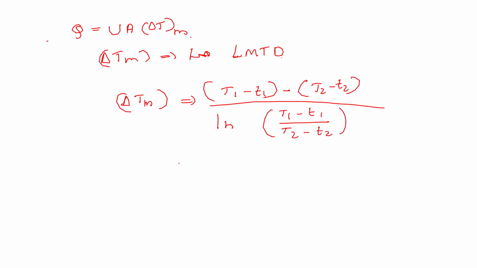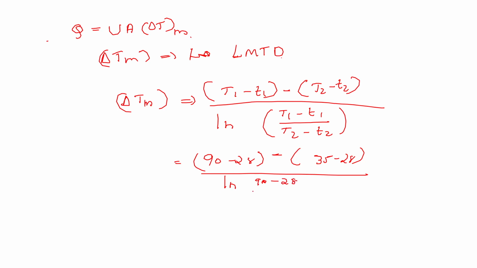Now you just substitute the values. So here the value is (90 minus 28) minus (35 minus 28) divided by log of (90 minus 28) divided by (35 minus 28). So the answer will be 25.2 degrees Celsius. Now what you have to find?